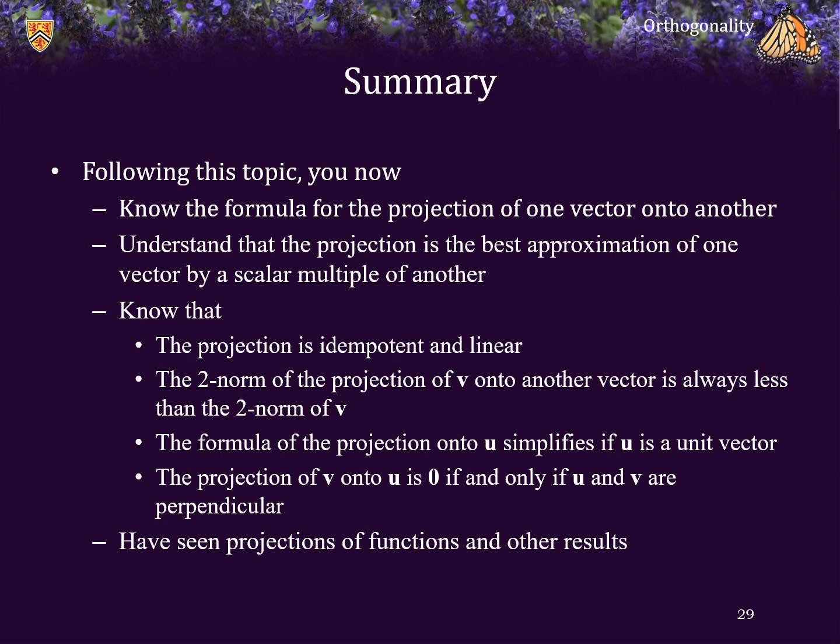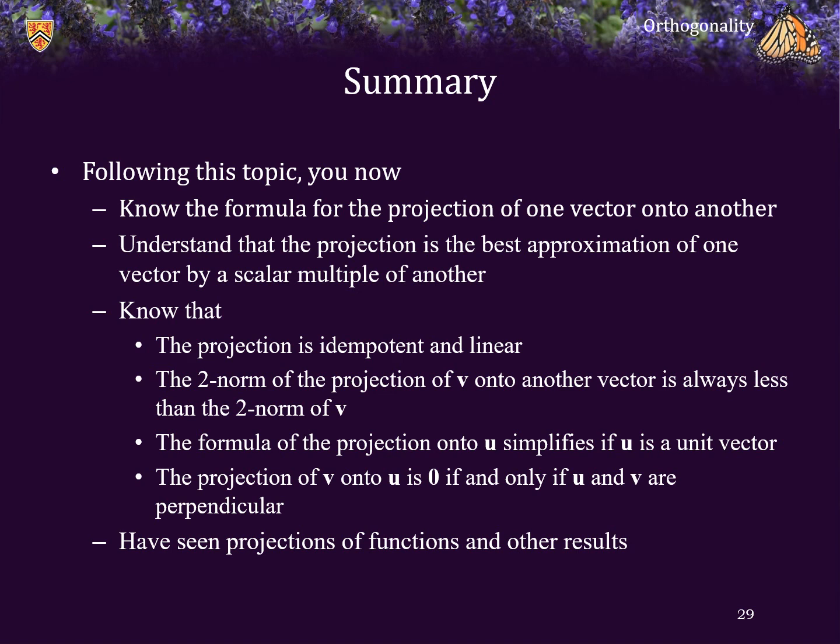Consequently, following this discussion, you now know the formula for the projection of one vector onto another. You understand that the projection is the best approximation of one vector by a scalar multiple of another. You know that the projection is idempotent and linear. You also know that the 2 norm of the projection of v onto any other vector is always less than or equal to the 2 norm of v.